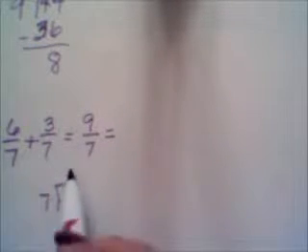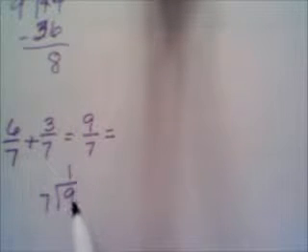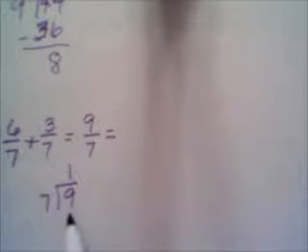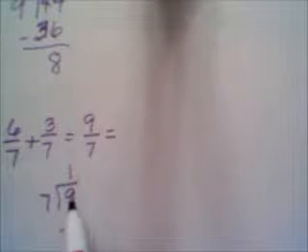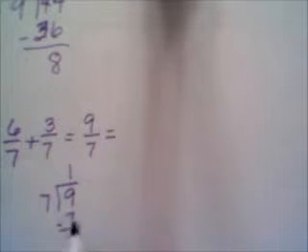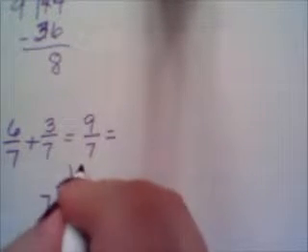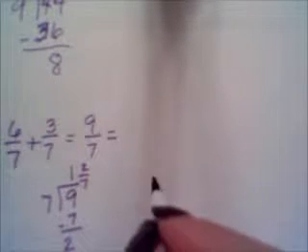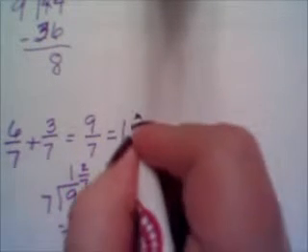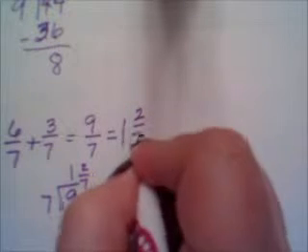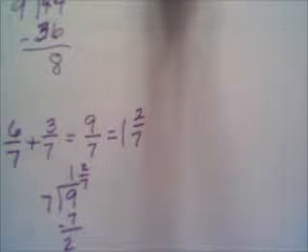So 7 goes into 9 how many times? Once. 1 times 7 is 7. 9 minus 7 is 2. So I have 1 and 2/7. Okay? So this is equal to 1 and 2/7. Now, how do you know that that's true? Well, I'm going to show you a visual to prove to you that's true. Okay?